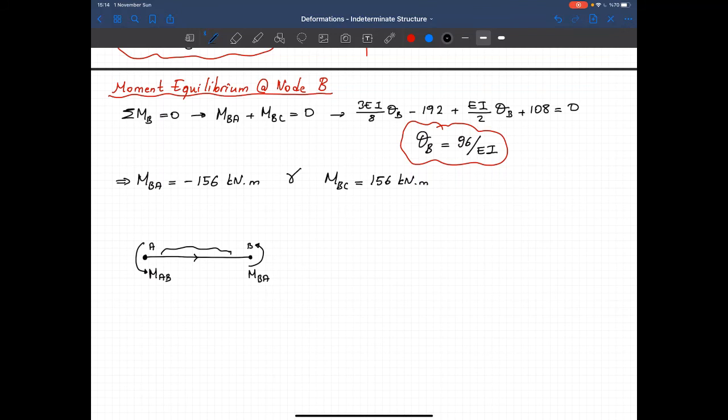So this is the case where we have the end forces. Let's call it in a better way, member end forces. I'll just use the moments this time. And I want to relate it with the member end displacements.